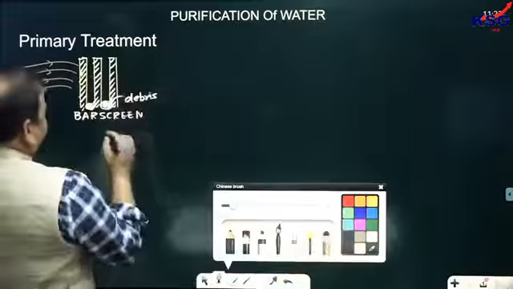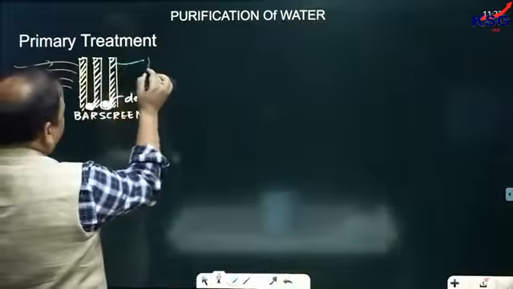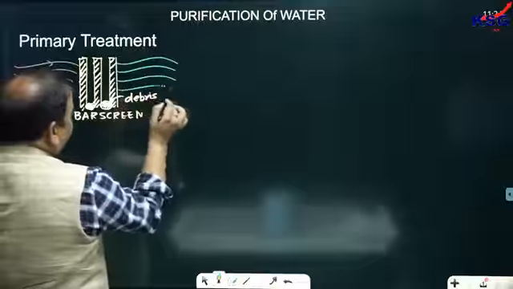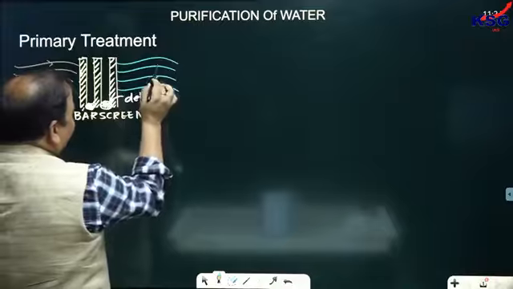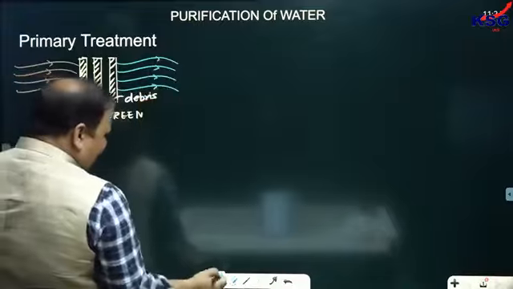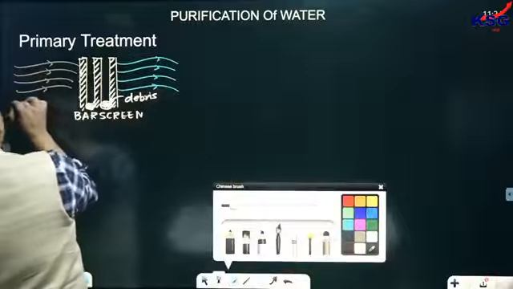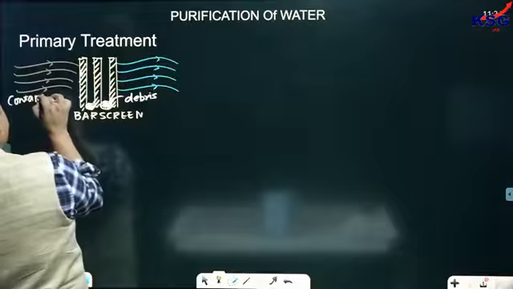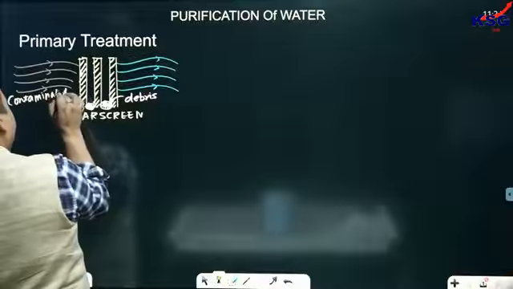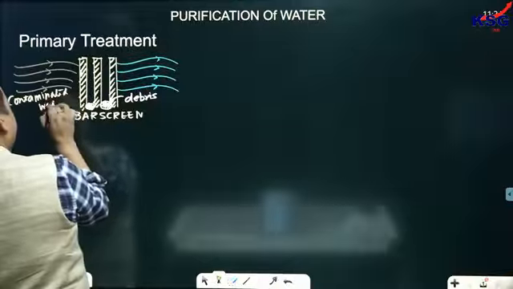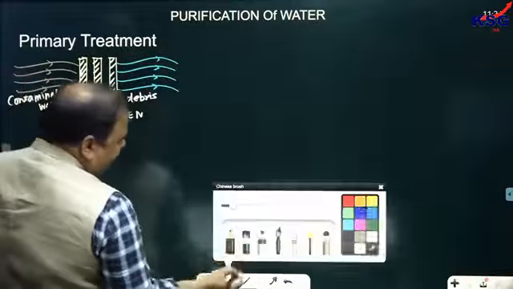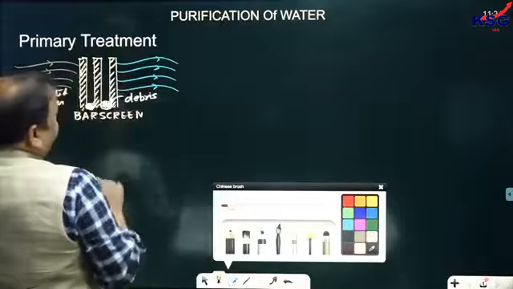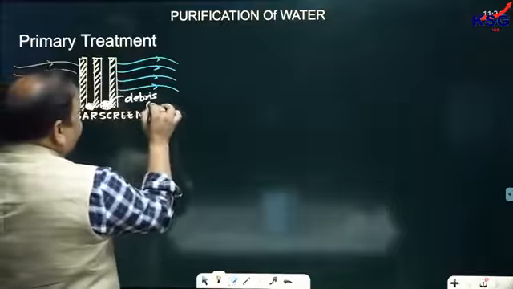Now after this, let's make it a little bit purer by denoting it by light green color, and here we have said that this is your contaminated water. Now these larger debris would be mechanically removed.